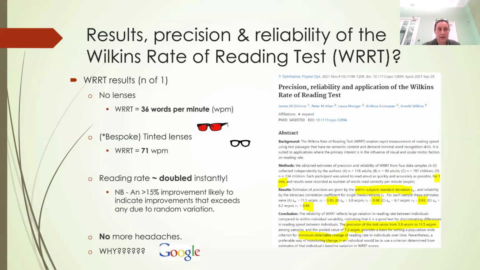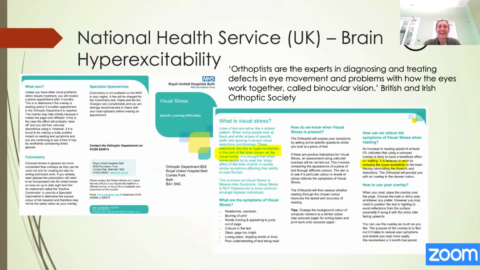It was very obvious that it had reduced her symptoms. A more than 15% improvement is likely to indicate improvements that exceed random variations. So she had quite a strong effect. She had no more headaches, and this is just a paper showing the reliability and precision of the Wilkins rate of reading test. And we took to Google again.